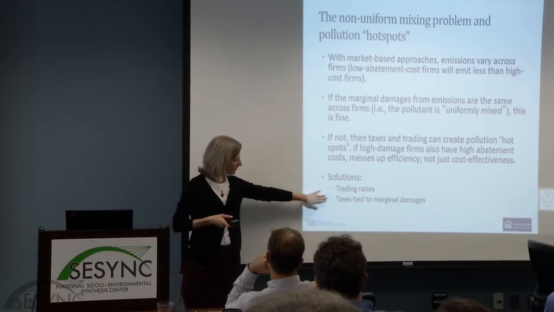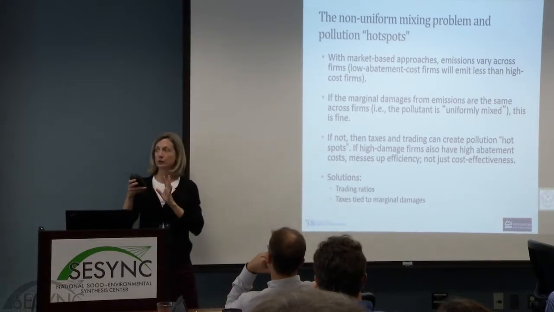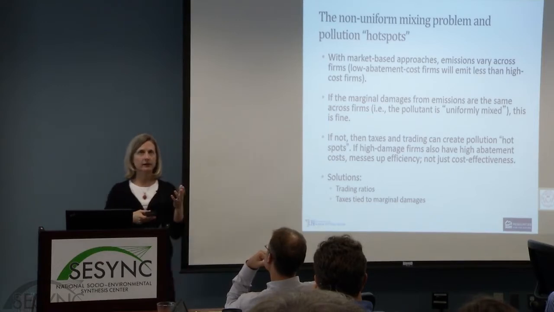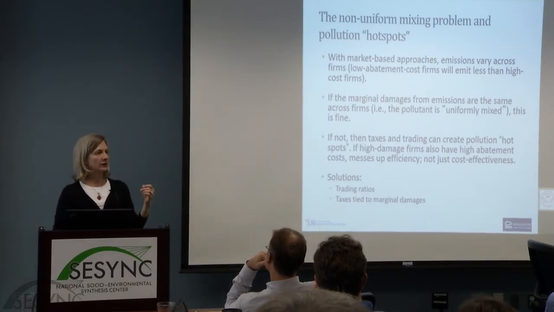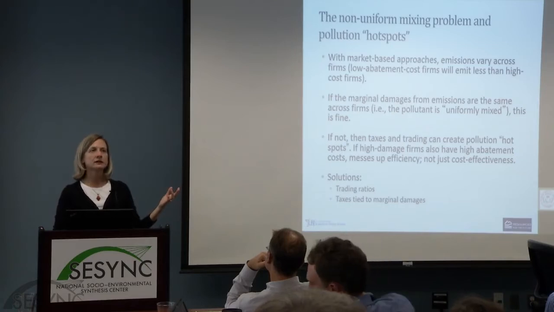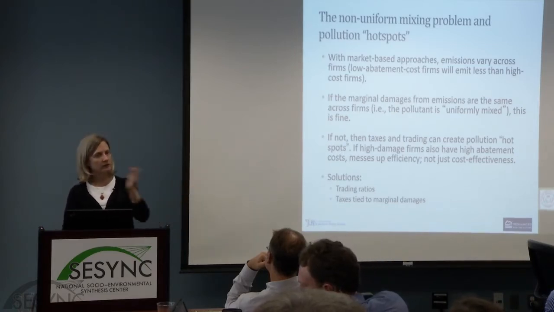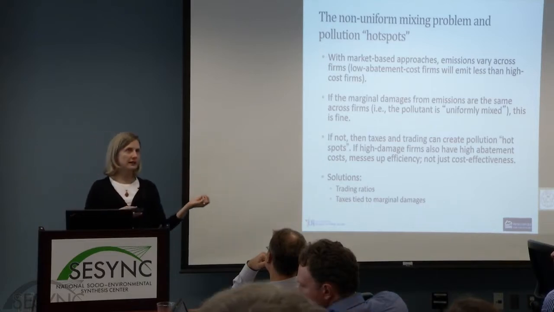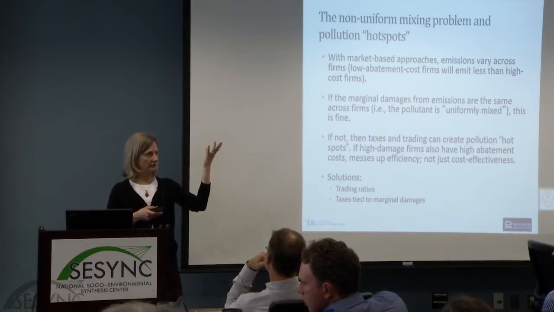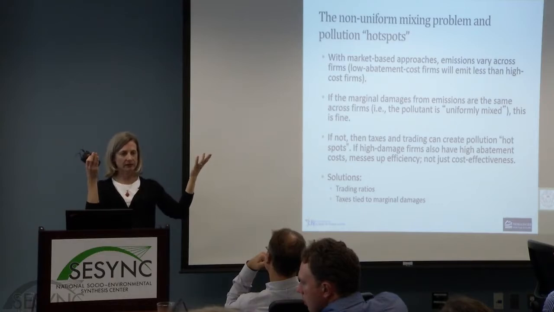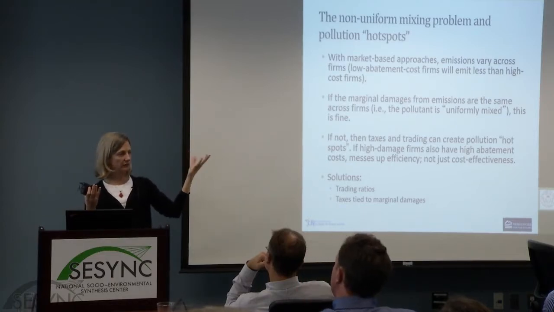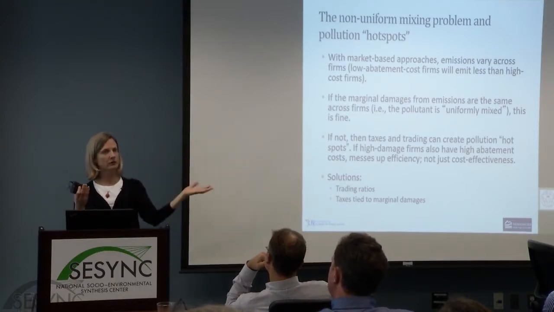Or if it was reasonably straightforward to set up a zonal trading system, say I'm talking about ozone generated by NOx and VOC emissions in Southern California, and I know the prevailing winds are off the coast from west to east, then I wouldn't want to increase emissions in the western areas and decrease them in the eastern areas, because I'm just blowing that pollution over.